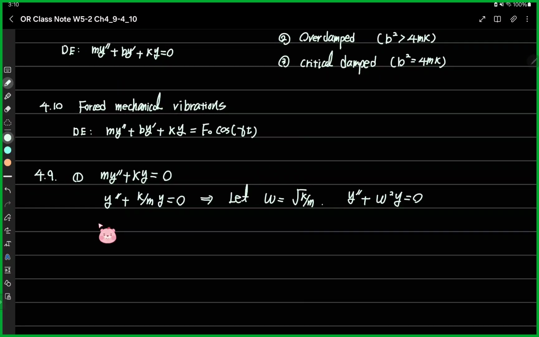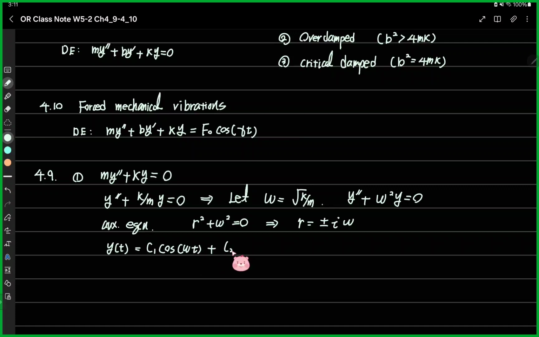So we find the characteristic equation, right? The characteristic equation is going to be r squared plus omega squared equals 0, isn't it? Which implies that r is plus or minus i omega, right? So y of t is equal to c1 times cosine omega t plus c2 times sine omega t.